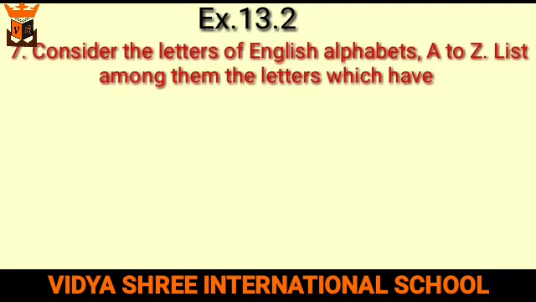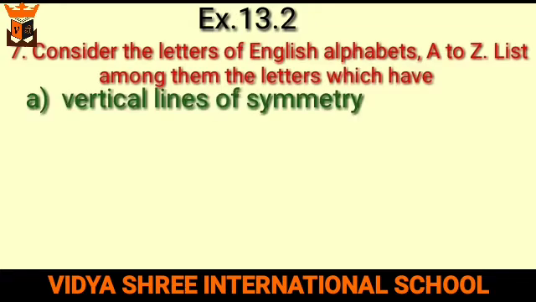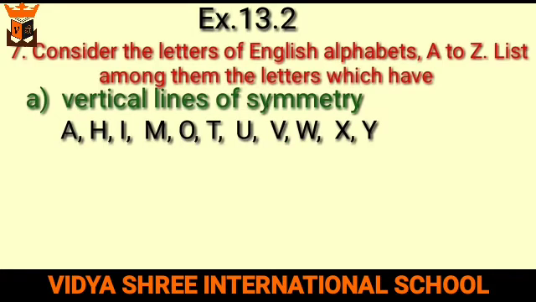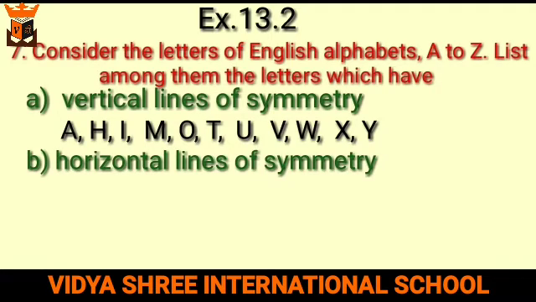Question number 7 is, consider the letters of the English alphabet A to Z. List among them the letters which have vertical lines of symmetry. So we have the letters A, H, I, M, O, T, U, V, W, X and Y, which have a vertical line of symmetry. B part is horizontal line of symmetry.